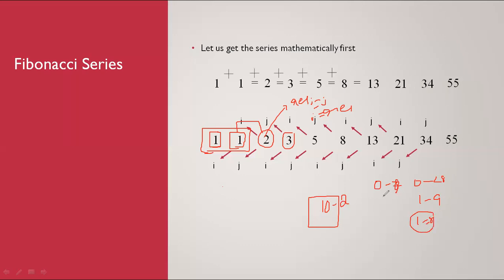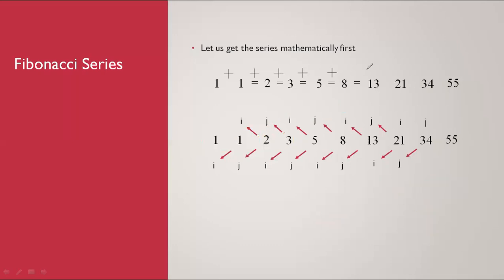This is the iteration which we need to do, and in the iteration we need to swap between the resultant value and the I value and j value. It has to be replaced with the resultant as well as j and I.